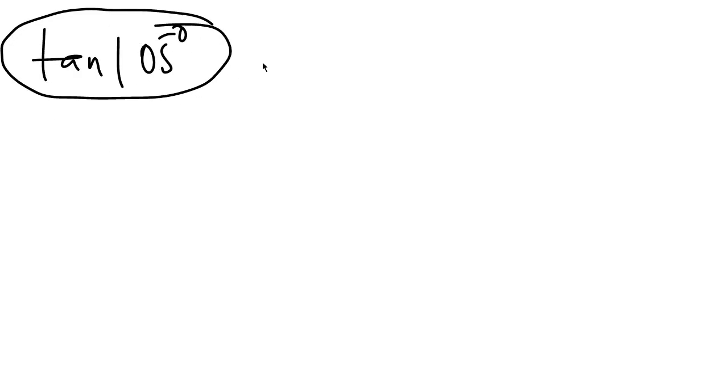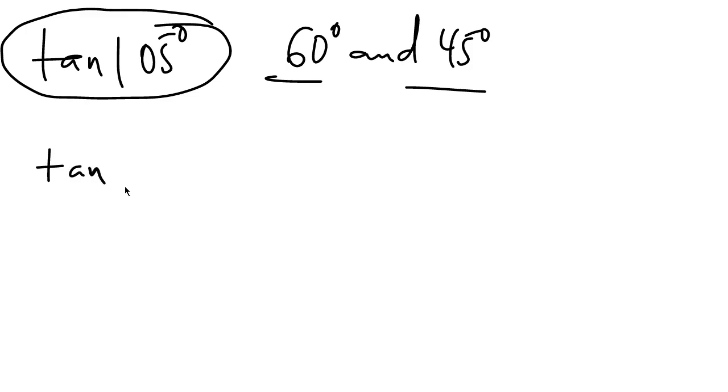If you are asked for the value of tan 105, what possible combination can you bring together that's made up of the special angles that's going to give you 105? It may be more than one, it depends on what you want. I guess 60 degrees and 45 degrees, because 60 plus 45 is 105. So we can say tan of 60 plus 45.